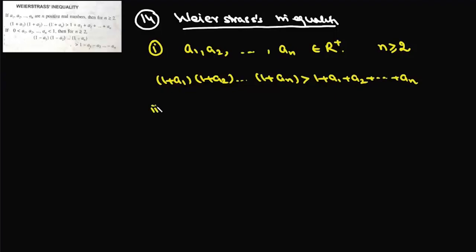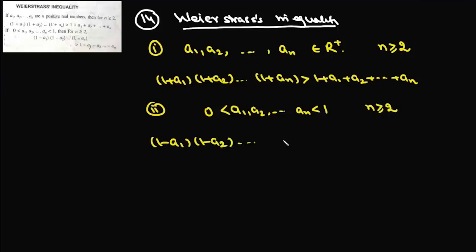And its second form is if we have n numbers a1, a2, an such that they lie between 0 and 1, then for n greater than or equal to 2 we can write (1 minus a1) into (1 minus a2) up to (1 minus an) will be greater than 1 minus a1 minus a2 up to minus an.